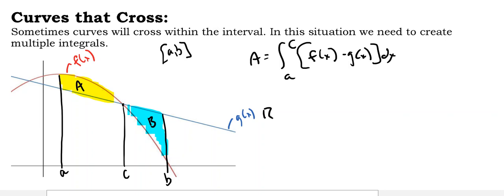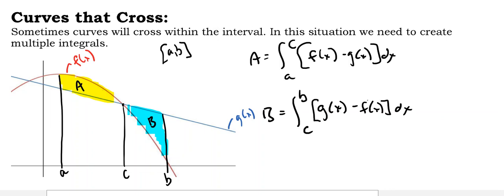But area B, which goes from C to B, we have g of x is above f of x. So we would have g of x minus f of x. And so we would compute each of these areas. We would get area A and area B. And then the total area is going to be equal to A plus B.